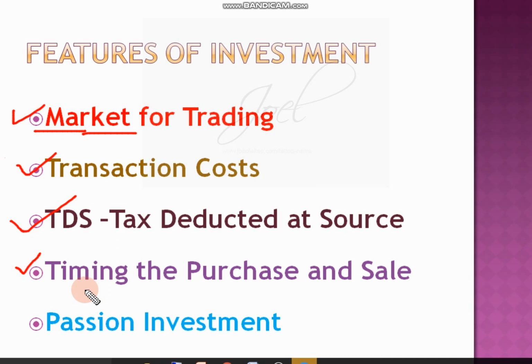After demand increases you sell, so that you will get the profit. So you have to see the timing, what is going on in the market. Now it is a perfect time to purchase, you purchase. It is a perfect time to sell, you sell. That is the proper idea. So these points you should know.